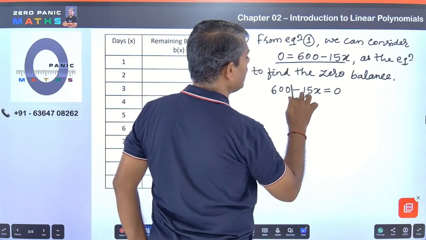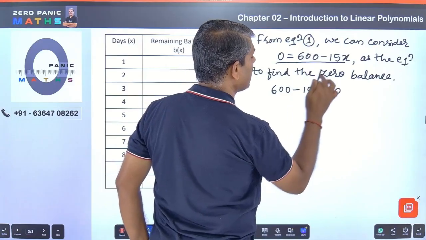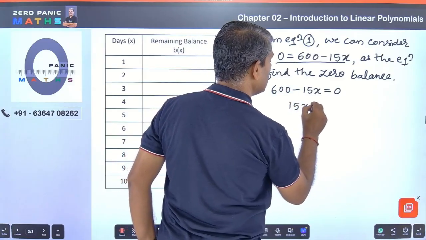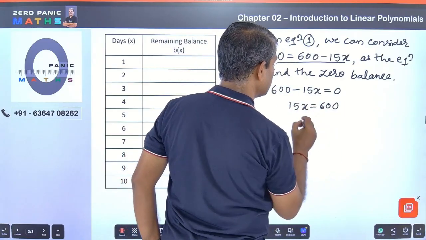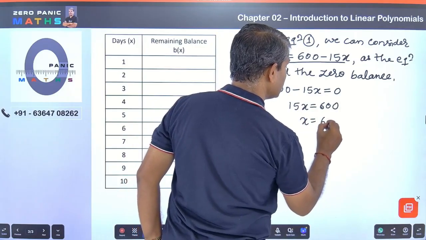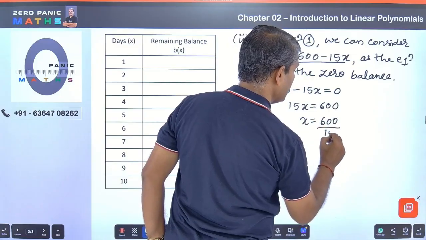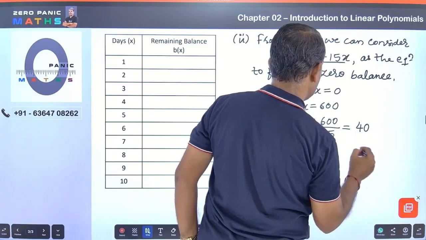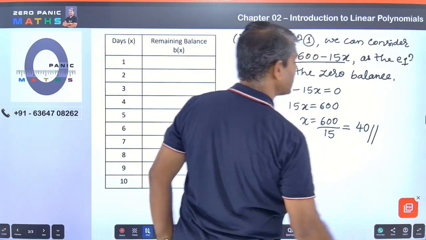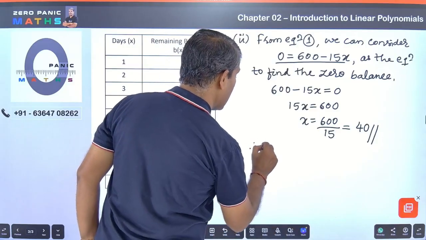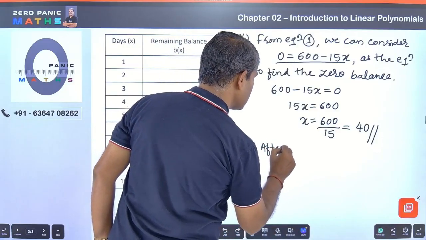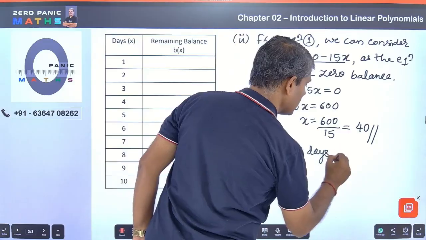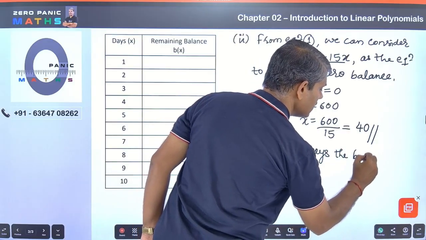Therefore, if I take minus 15x to the right side, it becomes 15x equal to 600. So x is equal to 600 divided by 15, and that is 40, right? x is equal to 40. So the final answer should be: after 40 days the balance will run out.